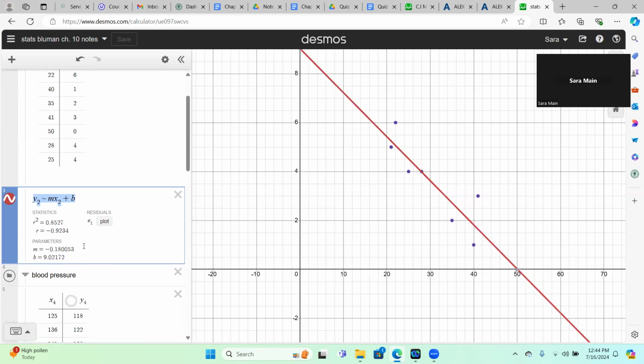Again, we're not going into the slope and the y-intercept and what they mean in this lesson, but I just want to make sure your numbers match. So most importantly, you want to make sure that your R matches my R. So you should have an R of a negative 0.9234.